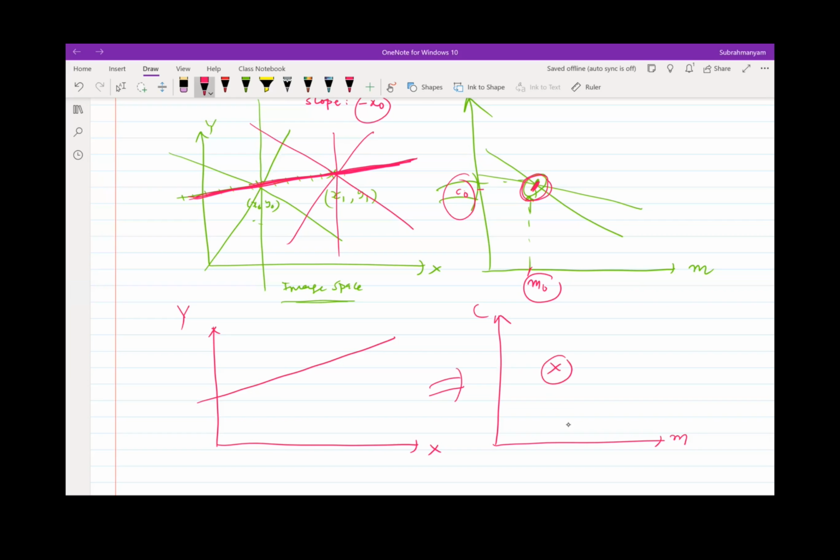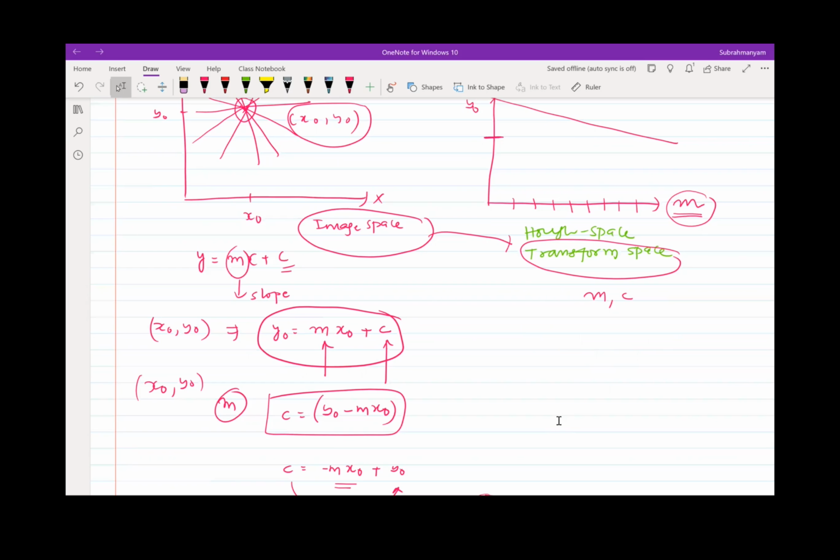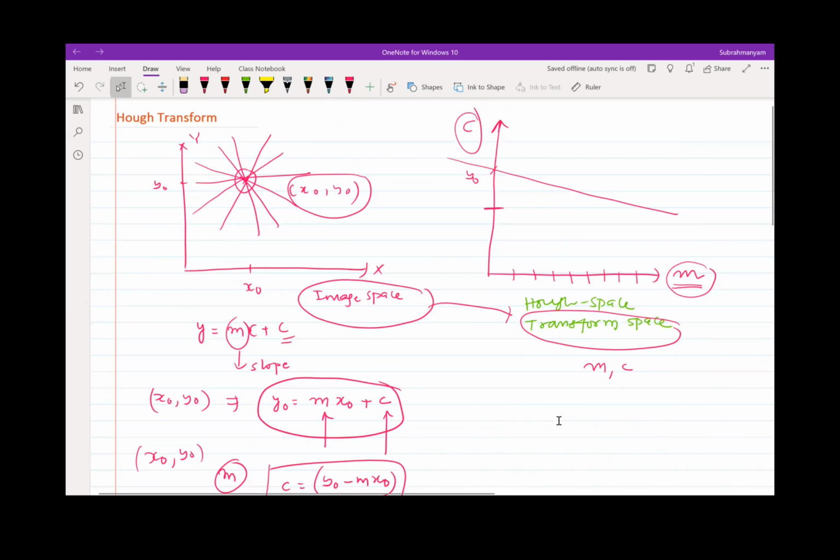So that's exactly what is happening here. You have a line that is passing here. That line would be this intersection point. For a point in the image space, if you move to the transform space, all lines that are passing through that point are represented in the parametric space of M and C by a line, while a line is represented by a single point.